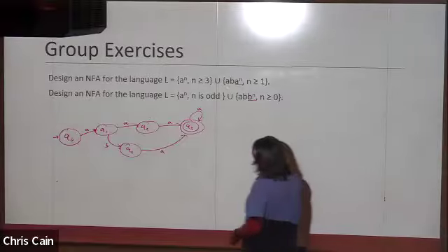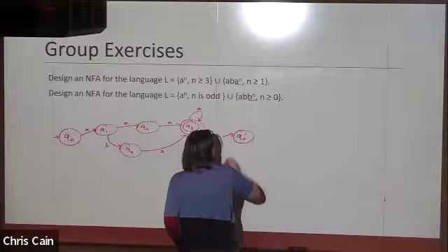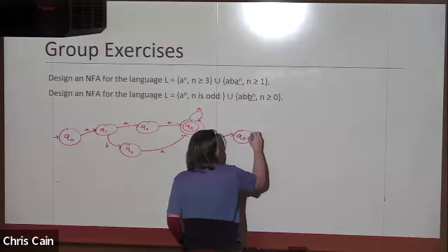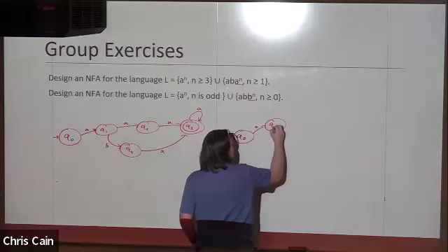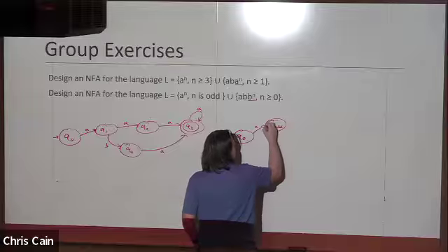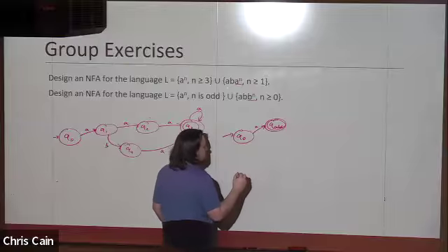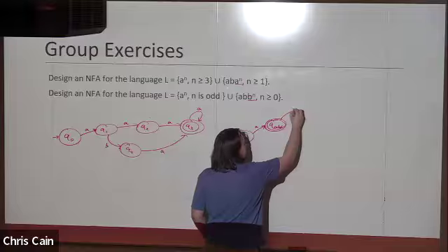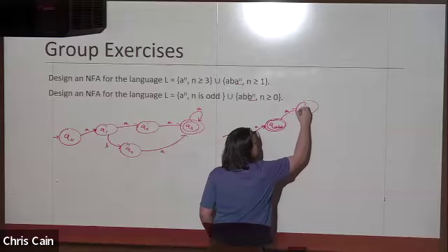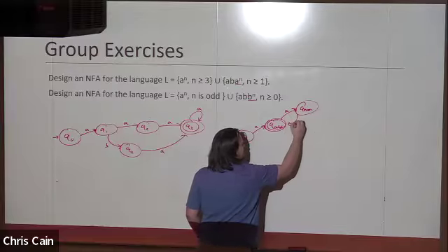So we have Q0, and on A, it goes to a vertex called Q odd, and that's a final state. Then we have an edge on A from that Q odd that goes to a Q even state, which is non-final, and then another edge on A back to the Q odd state.